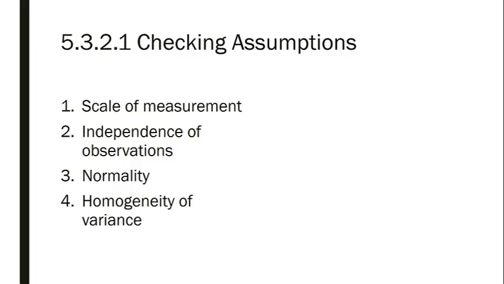Okay, before we can conduct our t-test, we want to check the assumptions of the independent samples t-test. And the way the pink book describes it, there are 4 assumptions. That first one, scale of measurement. So the dependent variable should be interval or ratio data.